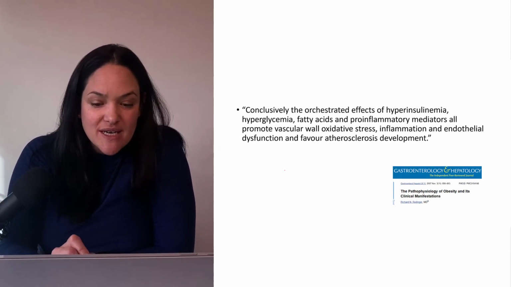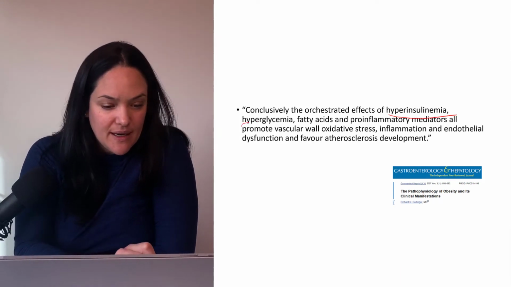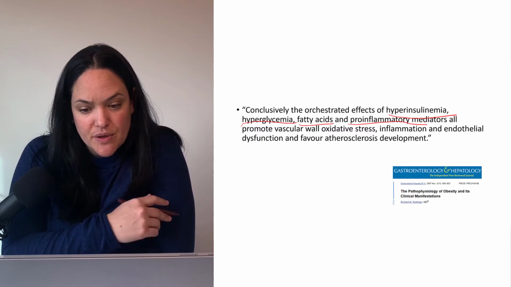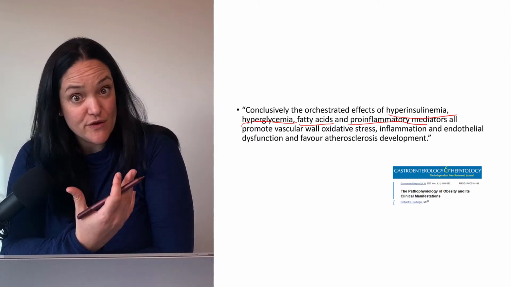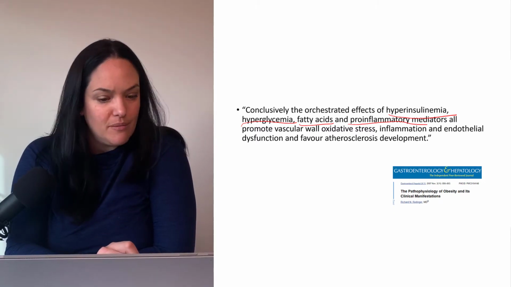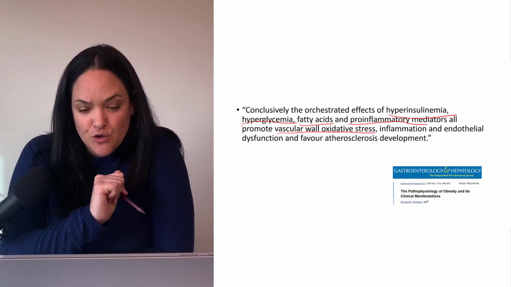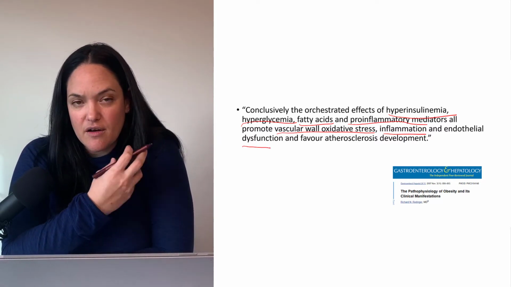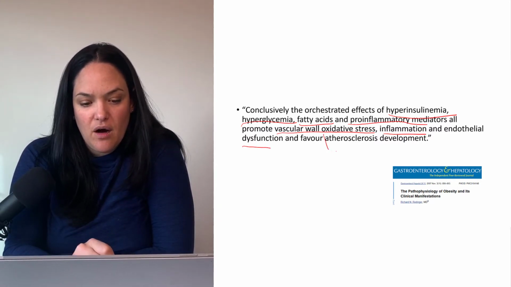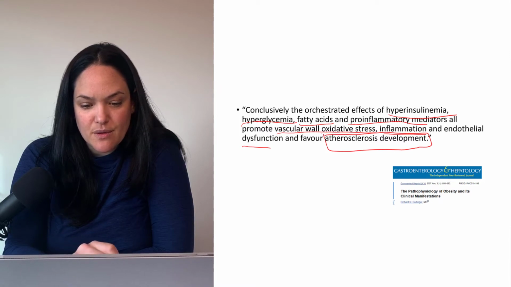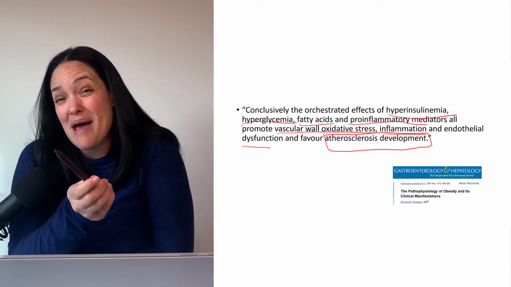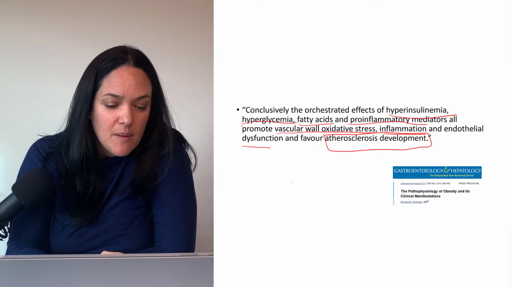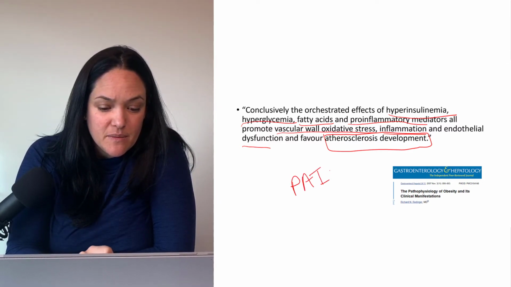The orchestrated effects of hyperinsulinemia, hyperglycemia, high blood sugar, fatty acids, and all these pro-inflammatory adipokines and other cytokines as well promote stress on the vascular wall, increase inflammation, promote dysfunction of our endothelial cells, and all of that promotes atherosclerosis development. And if you remember from when we first talked about adipokines, we also talked about plasminogen activator inhibitor 1.